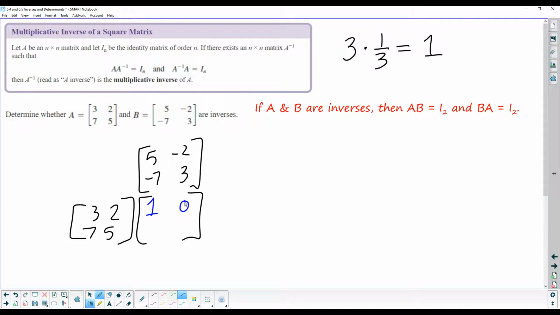On the second row, we have 7 times 5 and 5 times -7, so that adds up to 0. And in our last spot, we have 7 times -2 and 5 times 3. So that's a -14 and a +15, which is 1. So if you times them together and you get an identity matrix, that means they are inverses of each other, in the same way that 3 and 1/3 are inverses in the number system.